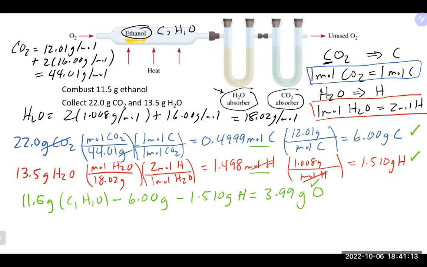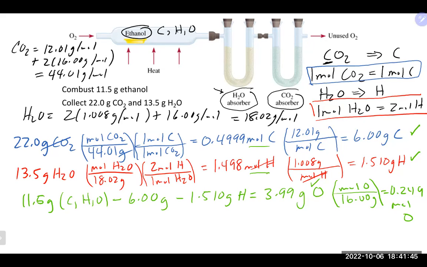So we'll get our moles of oxygen, using 16 grams per mole, and that would get us 0.249 moles of oxygen.